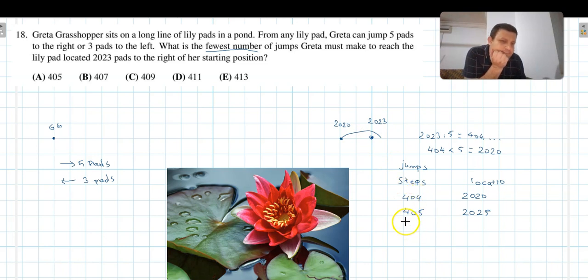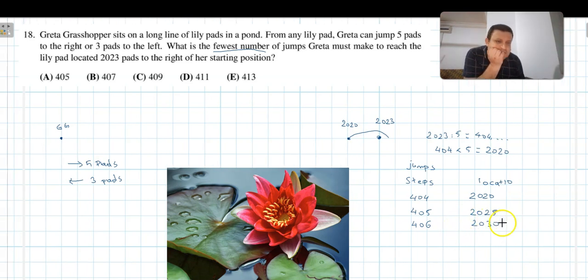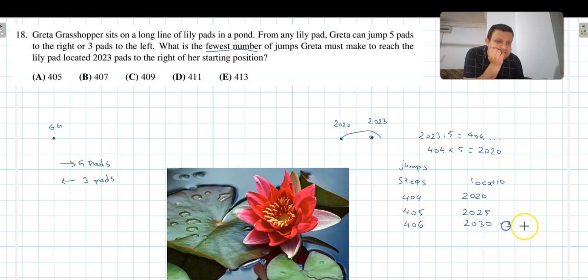So let's continue then. 406 is going to be 5 more, 2030. So this is 2027, and this is 2024.